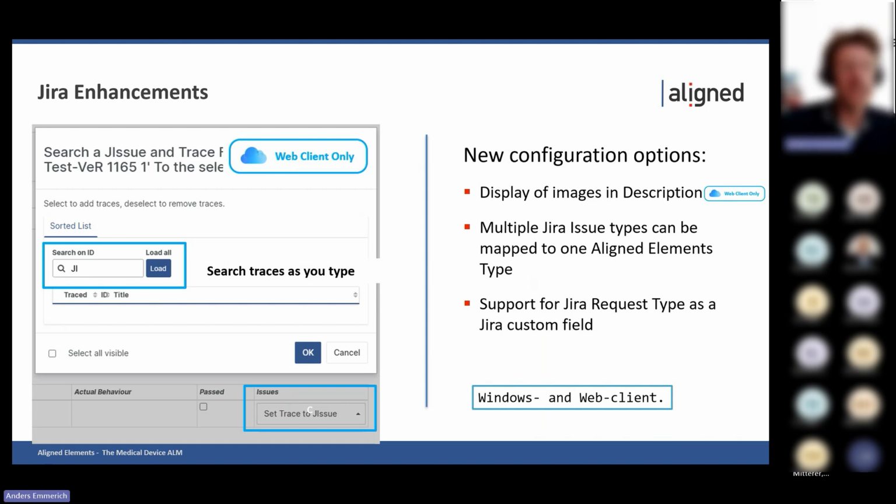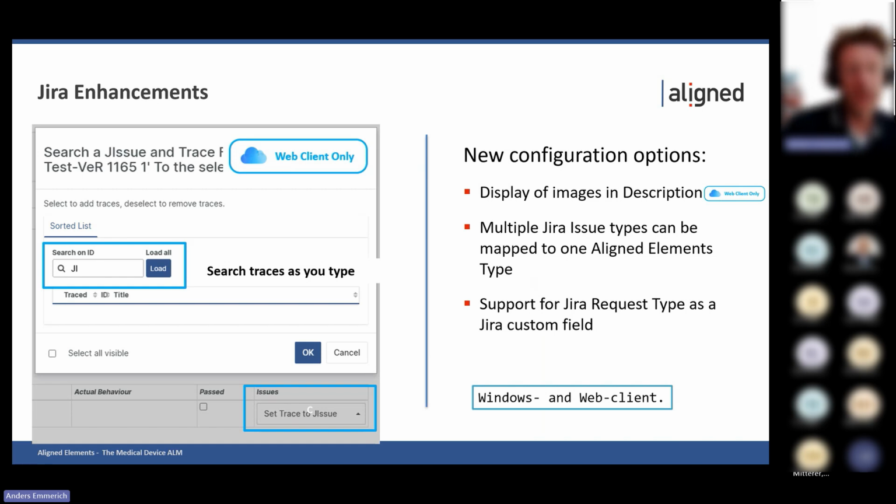When you want to set a trace from, for example, an aligned elements item, a requirement or a user need, to an external issue that you have in Jira or GitHub, usually we load everything and you pick one, and it could be a bit cumbersome depending on how many items you have in that external issue management system. Often you even know the number of the item because maybe you have it open in the browser already and you just want to set the trace.